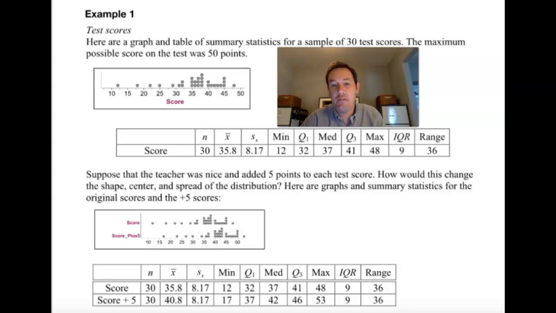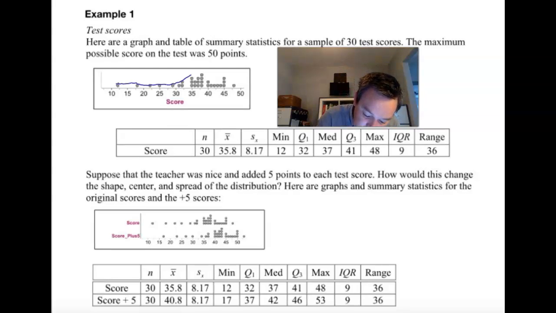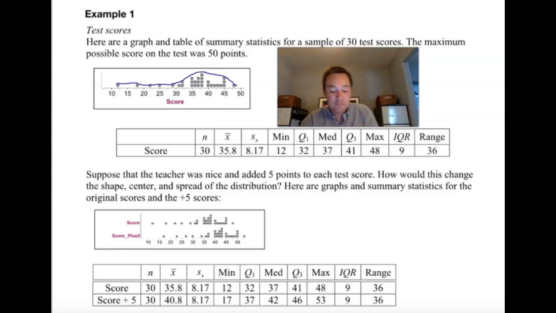Here is a graph and some summary statistics for a sample of 30 test scores where the maximum possible score on the test was 50 points. You have a variable distribution here. I'll draw a curve to represent the overall trend. Down here we're given our summary statistics. Mean score was 35.8.